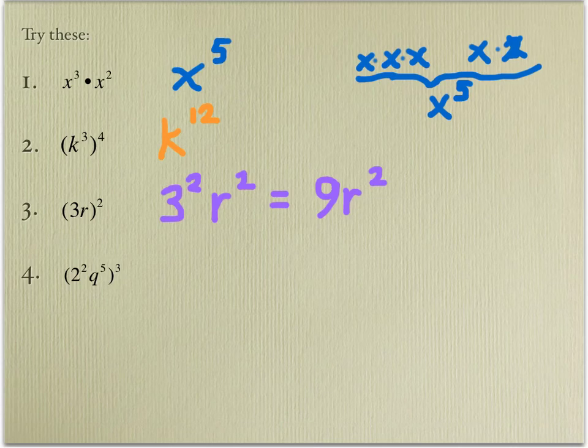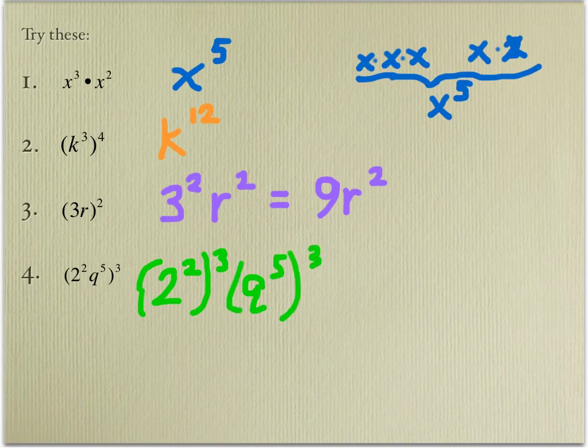All right, and finally, the last one. The last one is fairly similar to number 3, where everything in those parentheses I have to take to the 3rd power. So I have 2 squared to the 3rd power, and then q to the 5th to the 3rd power. So my final answer ends up to be 2 to the, and then I have to multiply 2 times 3, which is 6, and then q to the 15th.